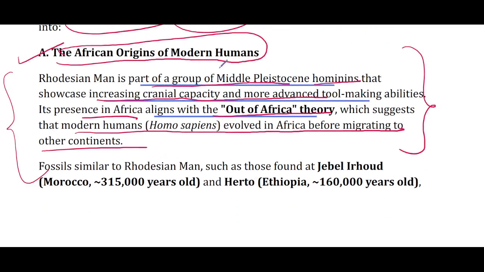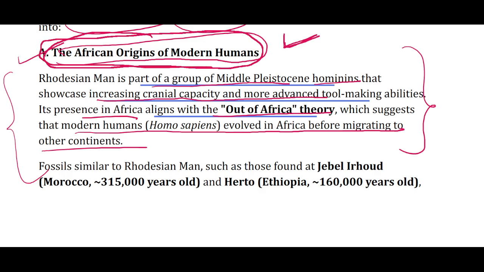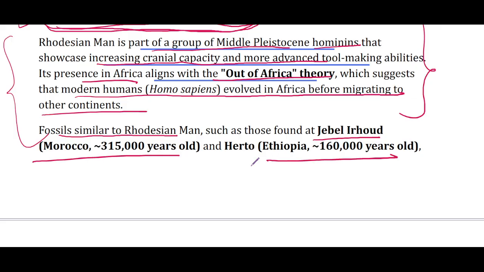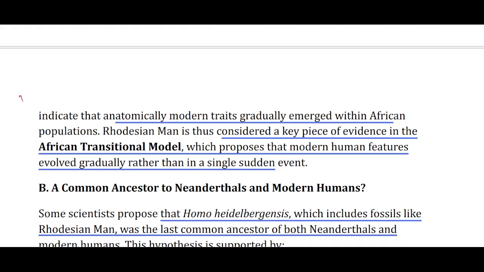So, this excavation also gives support to this out of Africa theory. Then the fossils similar to Rhodesian man that were found in Jebel Irhoud, Morocco, and Ethiopia. All of these fossils indicate that anatomically modern traits gradually emerged within African populations.